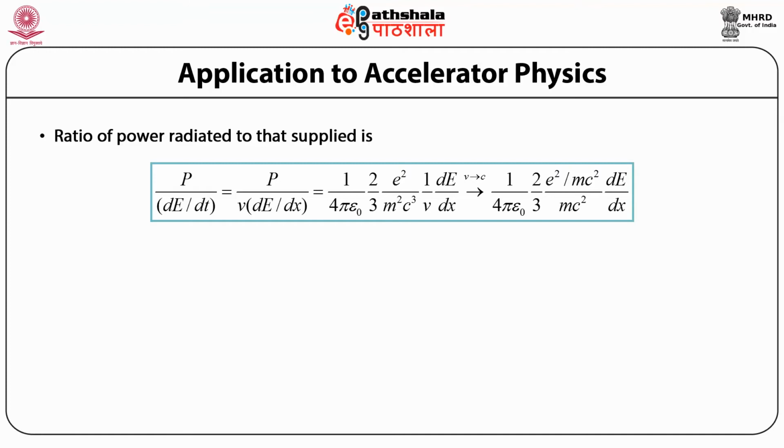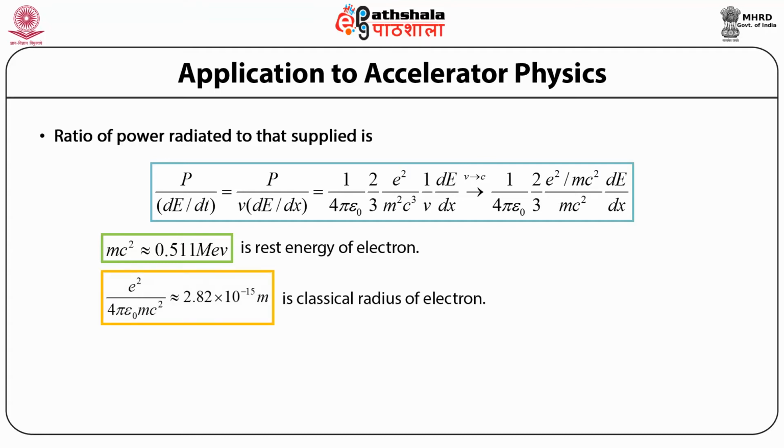Let us use units that are appropriate for high energy physics. So mc square equals 0.511 MeV is the rest energy of the electron. The quantity e square by 4 pi epsilon naught mc square has the dimensions of length and is the classical radius of the electron. It has the value 2.82 into 10 raised to power minus 15 meters.